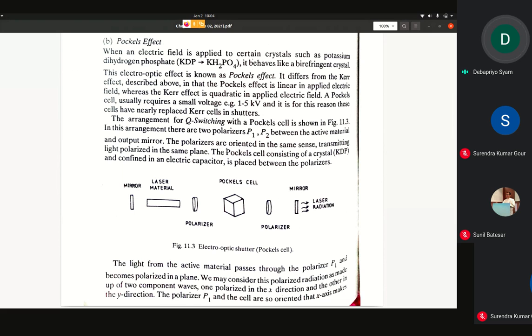So this is known as Pockels effect, and this property is made use of in this Pockels cell type electro-optic shutter.